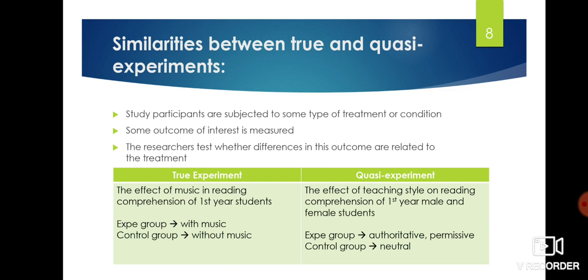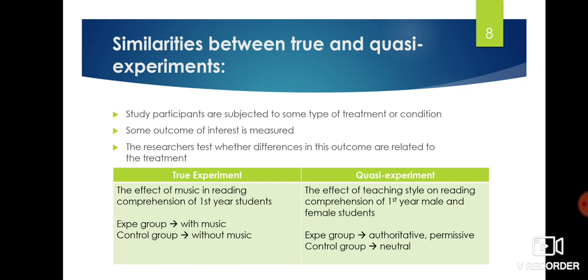So, as you could see here, class, yung XP group, usually sila yung nakaka-receive ng treatment condition. And yung control group, sila yung hindi nakaka-receive ng treatment condition. So, meron siyang treatment condition. And then, yung outcome pwedeng ma-measure.